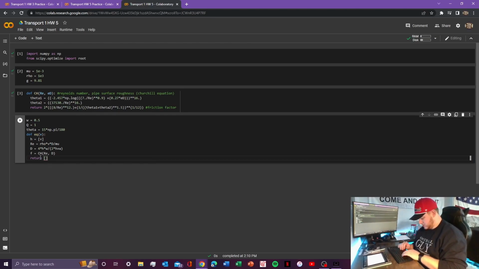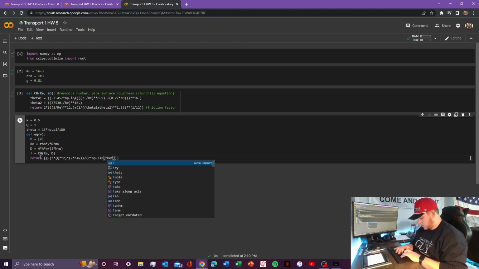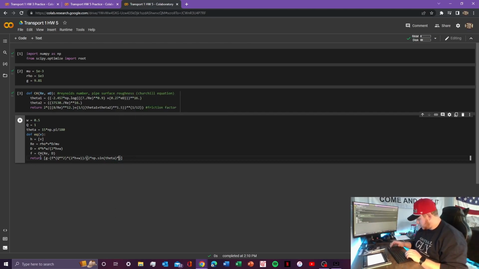From our equation, it is G minus, in parentheses, F times Q squared times 2 times H plus W, all of that divided by 2 times the sine of theta, and that is times H times W cubed.